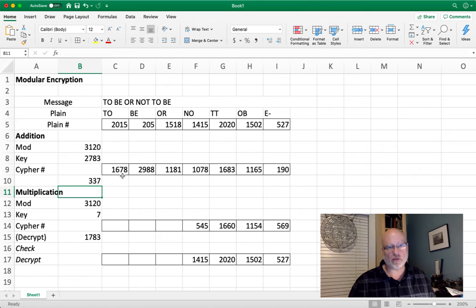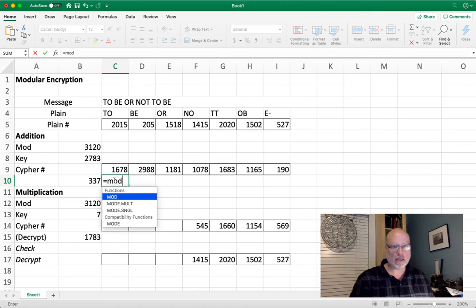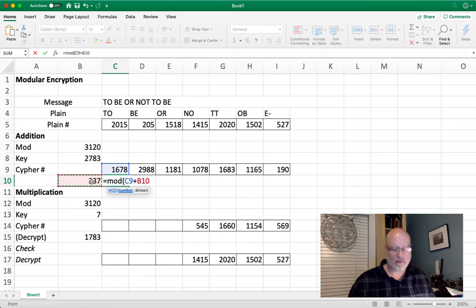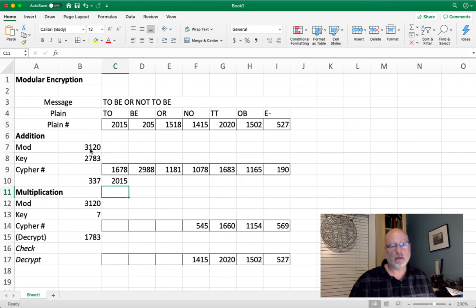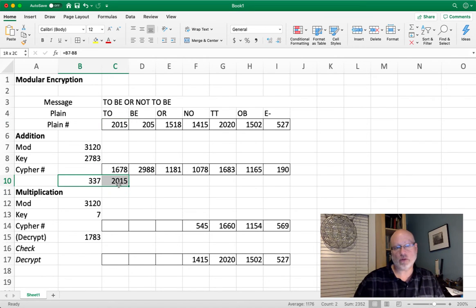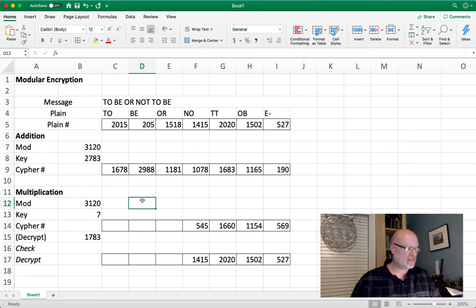I'm just going to do it for the first one so you can see it. If I decrypted it, I would essentially do equals mod of this number plus the decryption key, which is our additive inverse, comma, the mod. And notice I get my 2015 back again. Okay, so that's what I would do.